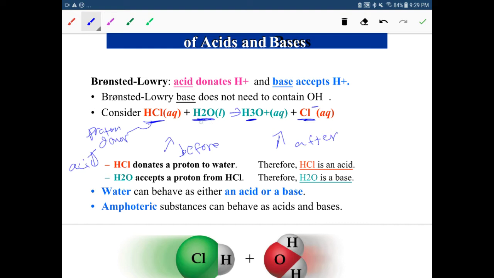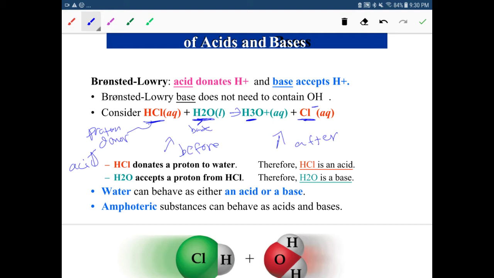So right away, this tells you water is going to be the Bronsted-Lowry base. Why? Because in the reactants it was H2O, but after the reaction it's H3O plus. It gained a proton, it accepted an H plus, right?